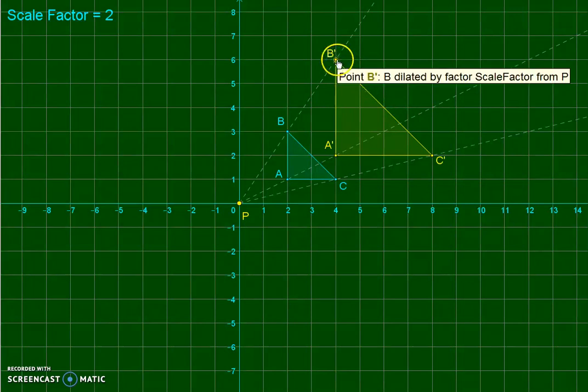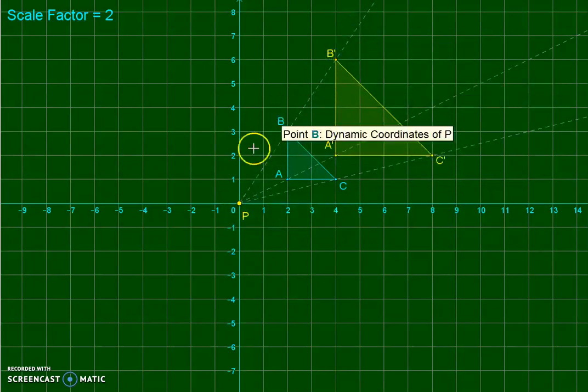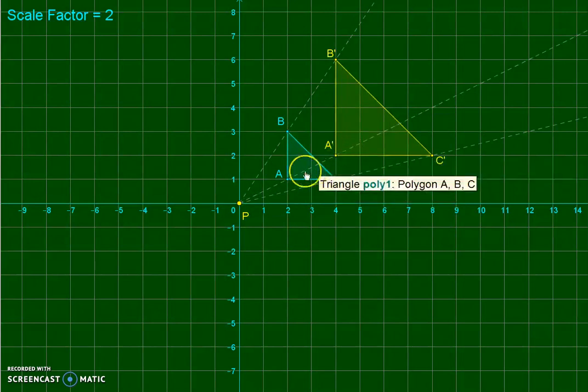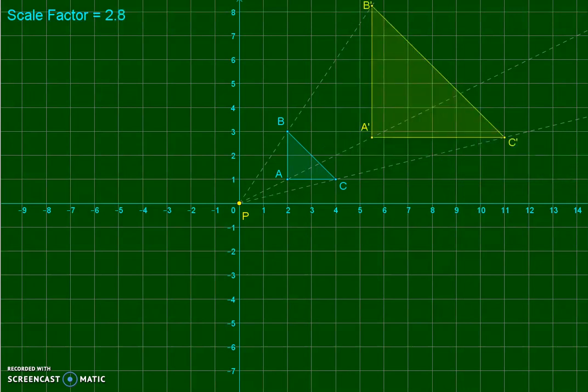And notice how the points are all on this line, the A points are on this line, and the C points are on that line. Now as I change the scale factor, watch what happens. As I make it bigger, the points of the image move out along those segments, with respect to the center of dilation, point P.